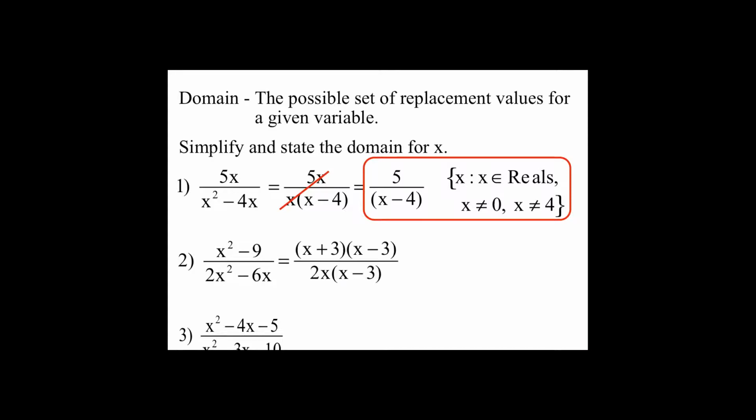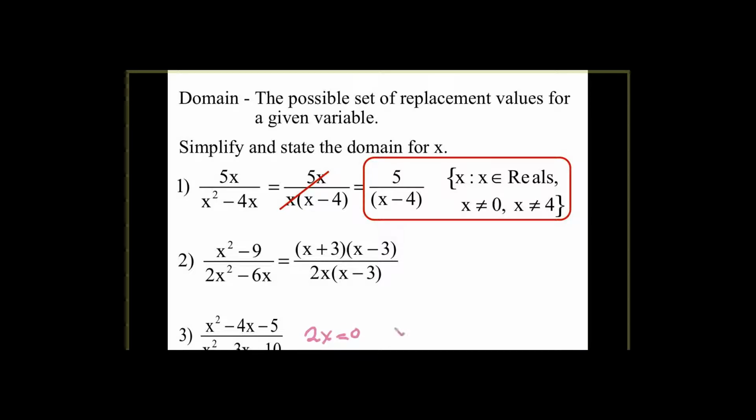All right, now check your work. I'm now in the factored form. This is where I figure out my domain. I get 2x equals 0 and x minus 3 equals 0. So now, to get x alone, I just divide by 2, and we find that x cannot equal 0.